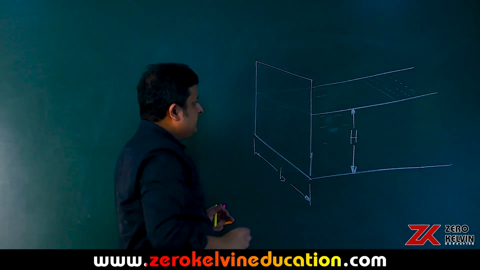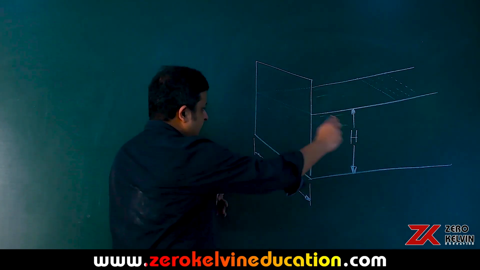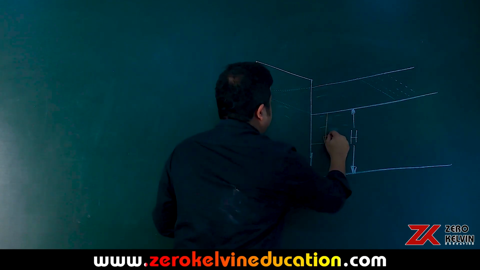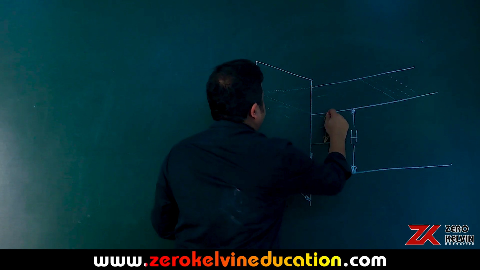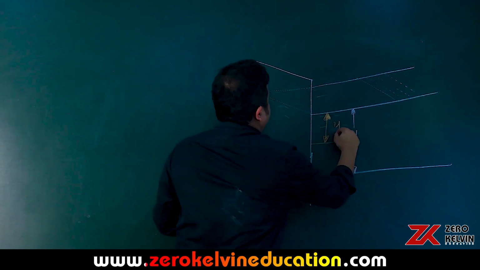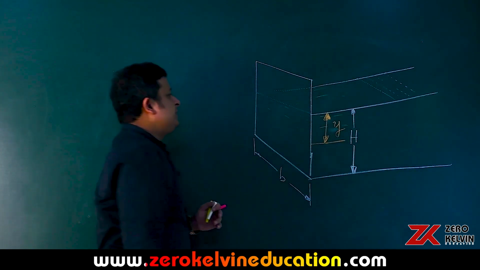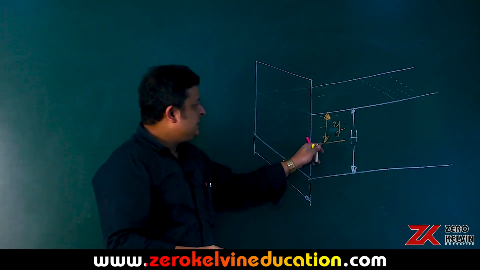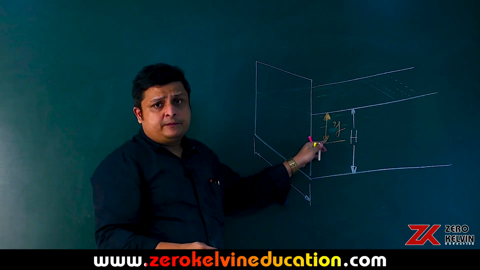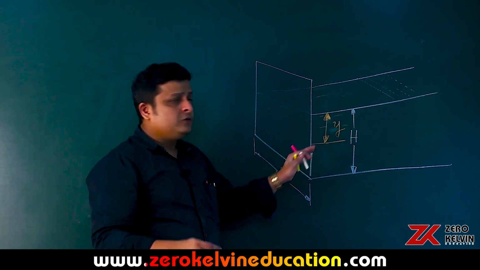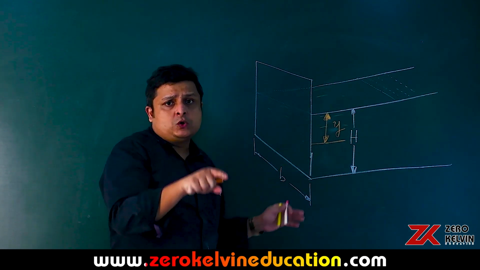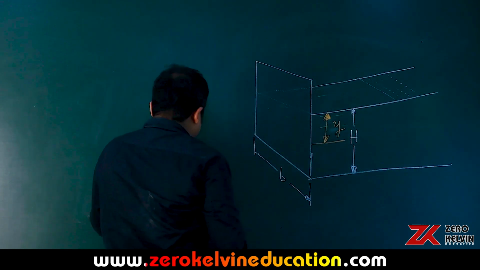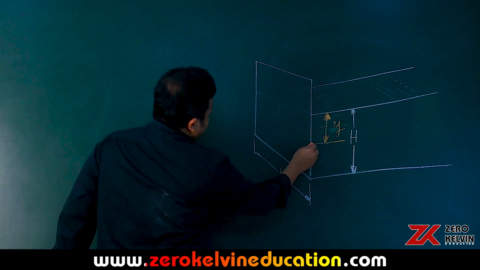So we will consider a certain level Y from the free surface, and here the pressure at this level happens to be small p equal to Y times rho times G.